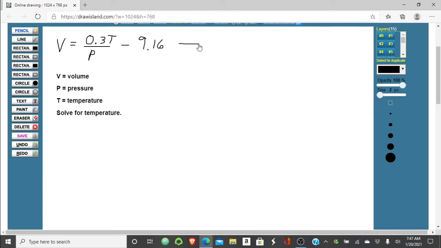And when I do that, I'm going to get V plus 9.16 equals 0.3 T over P. Now I want to get rid of P on the bottom of T, so I have to multiply both sides by P. I'm going to do that.